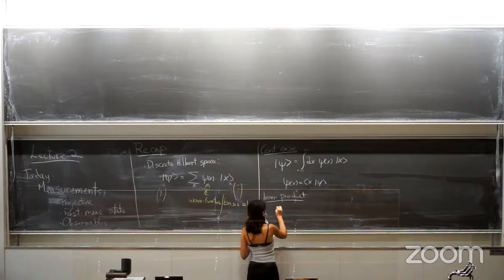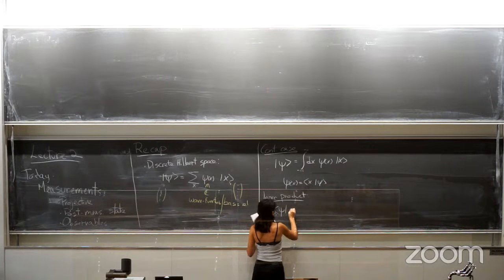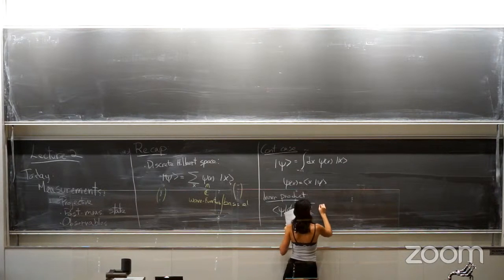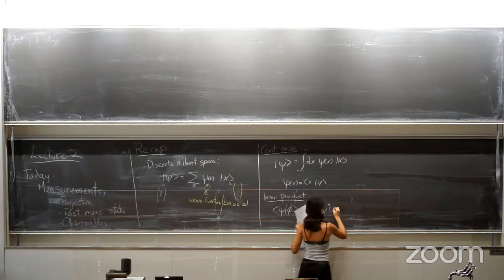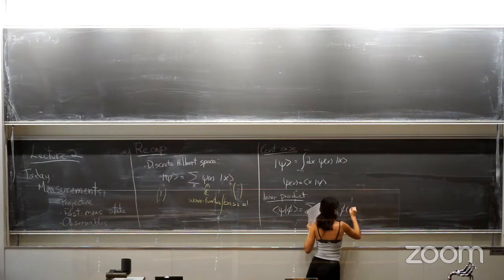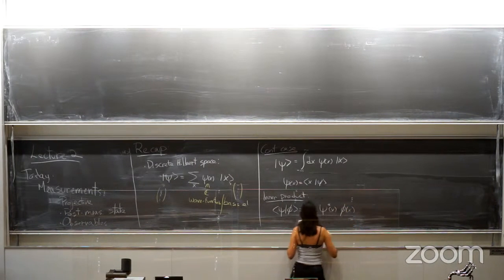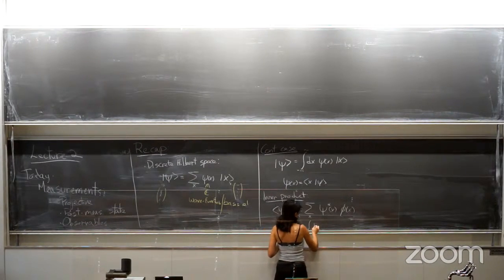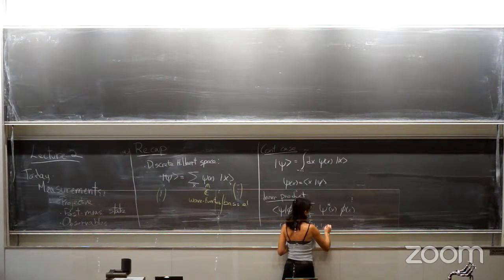For any two states, it's a sum over basis elements in the discrete case, or in the continuous case, it's the same, just with the integral, and again here are the integration limits.